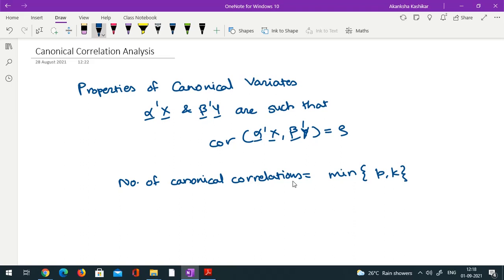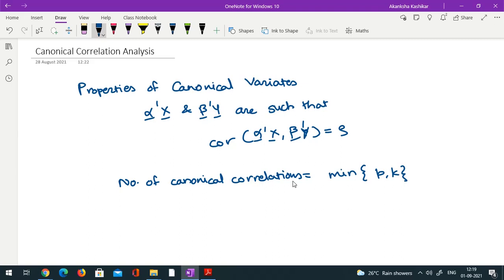Correct? Hello? Can you hear me? Yes, ma'am. Okay. So the number of canonical correlations is minimum of p and k generally, assuming that X and Y have non-singular variance covariance matrices.